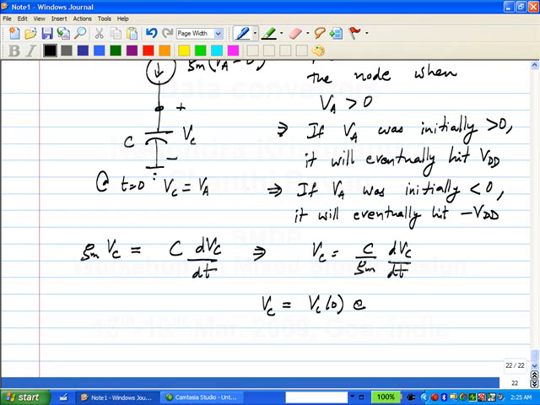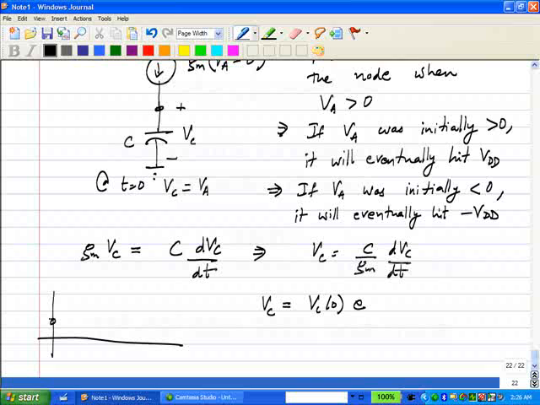Okay, let's understand what happens physically. If Vc is initially positive, what happens to the voltage? Let's say Vc was initially positive, correct? What is the current flowing into the capacitor? It is Gm times Va. So what happens to the voltage? It must increase, correct?